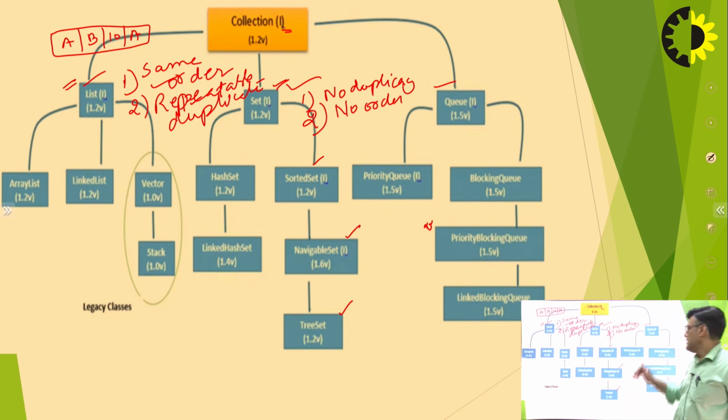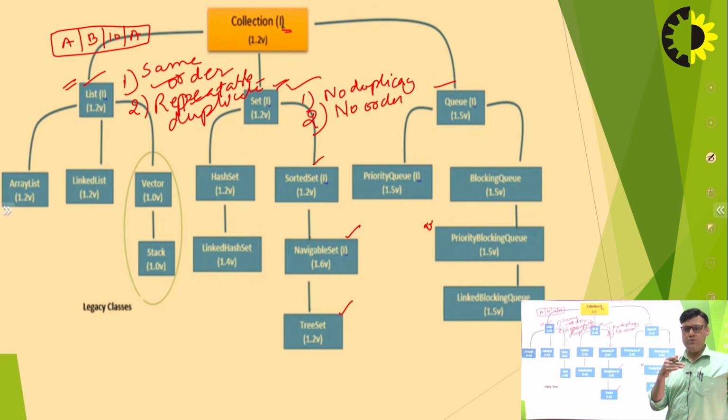Now third comes queue. When to use the queue interface? For example, if we want to do some pre-processing, say I want to send SMS to a number of numbers, and before sending the SMS I want the list of numbers.